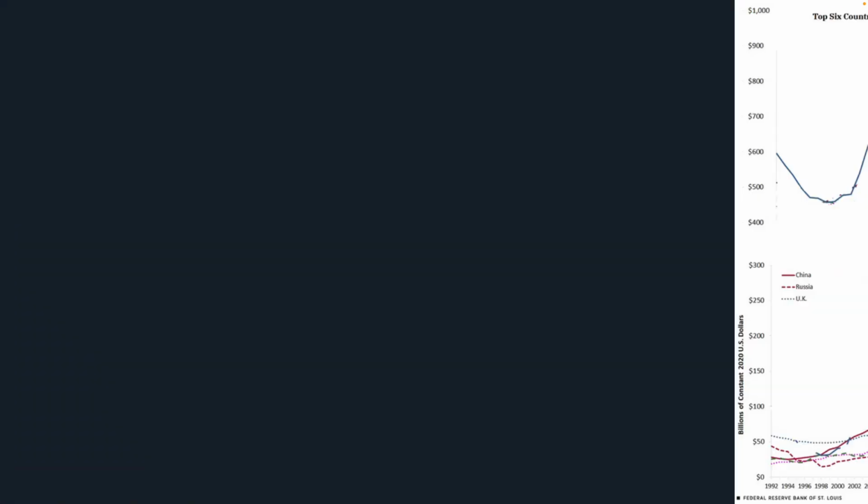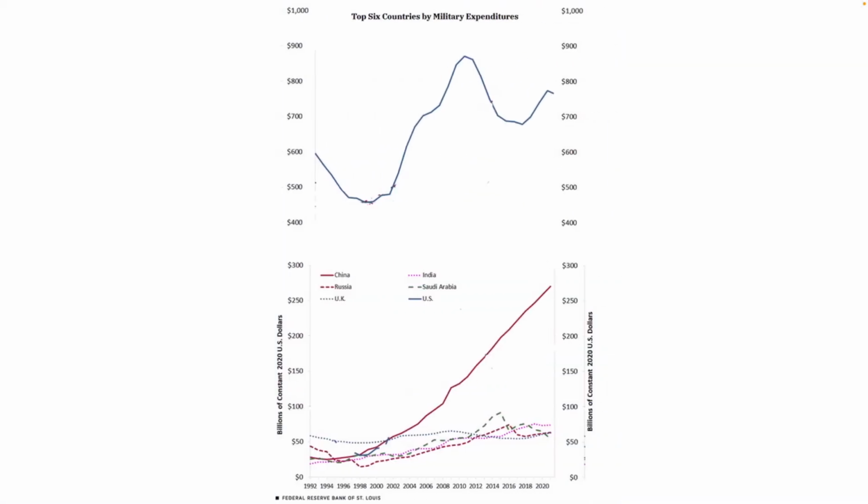So this is how it should look, with the whole data set on the same axes. Why would you change the axes for the United States only and overlay it on all the other countries, just to make it look like China is spending more than you are?